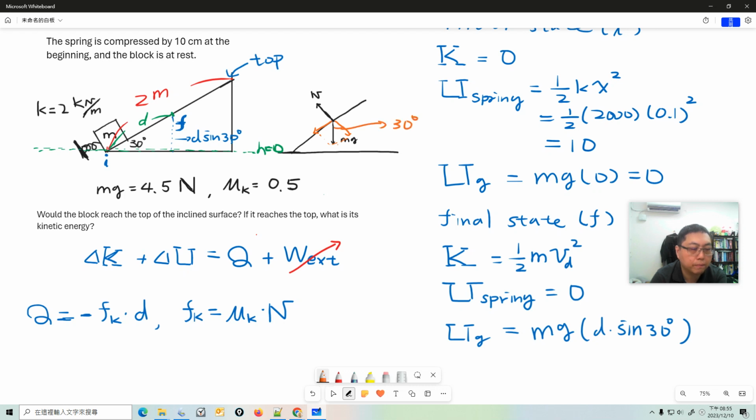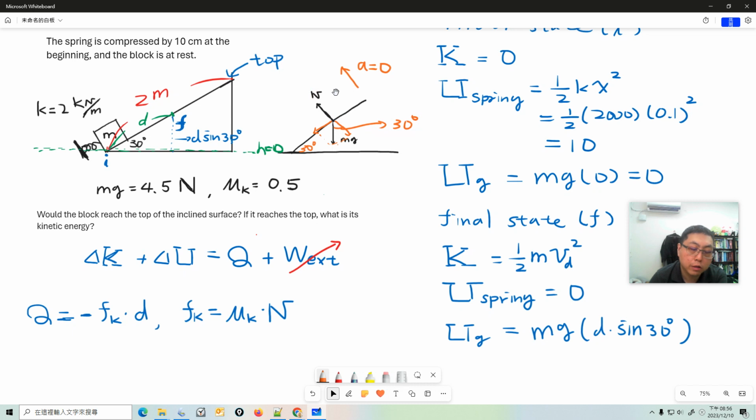Since the block is moving along the surface, there is no acceleration perpendicular to the surface direction.